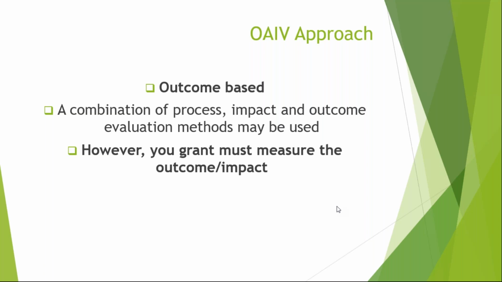So even when you're working on your OAIV grant, you may be using a little bit of these methods, because sometimes you have to provide a process-based objective so that you can clearly illustrate what you're trying to accomplish. Sometimes you can't avoid it, so it's not just all in one.